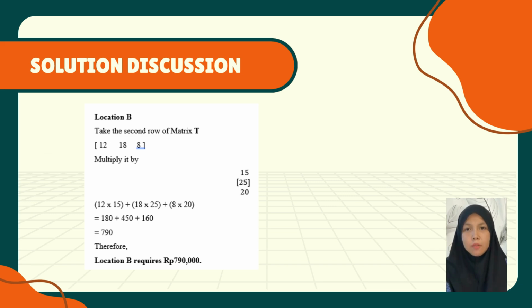That is 12 multiplied by 15 plus 18 multiplied by 25 plus 8 multiplied by 20 equals 180 plus 450 plus 160 equals 790. Location B requires 790,000 rupiah.